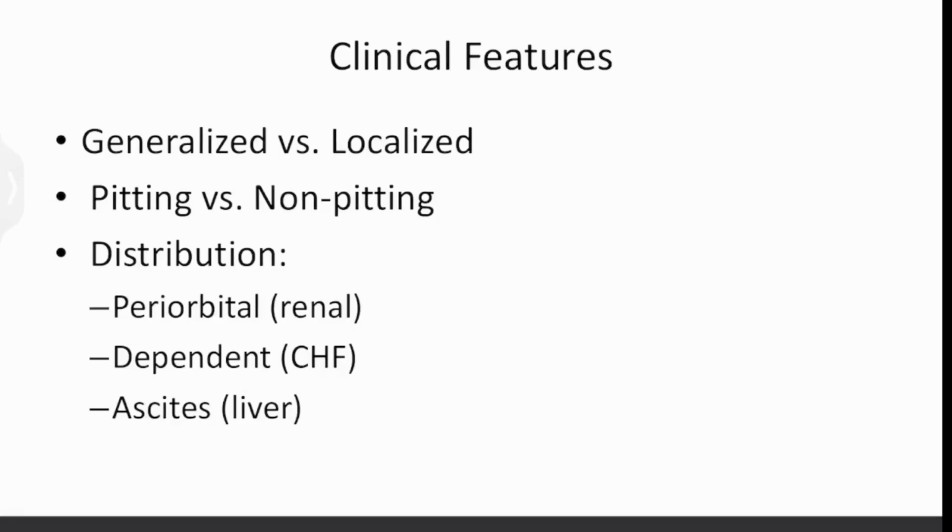Now we look into the clinical features. Again, we divide into generalized, localized, pitting, non-pitting, and whether it is tender or non-tender. Tender edema means you get an inflammatory edema. Distribution I already mentioned: periorbital in renal disease, dependent in heart failure, as it is in liver diseases.